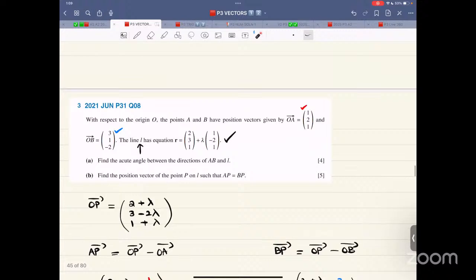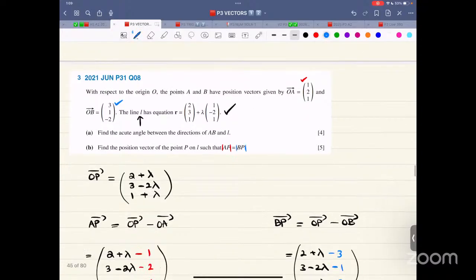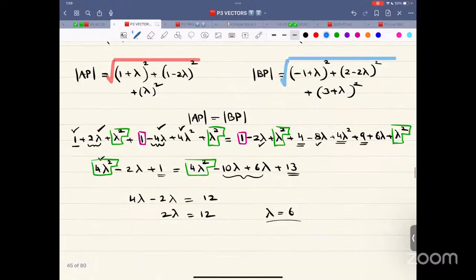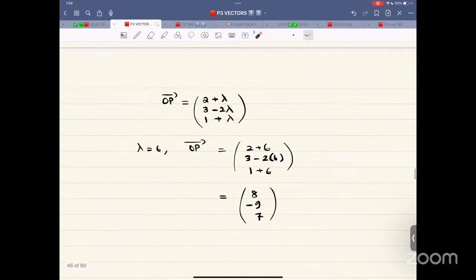They should have used a magnitude sign, but they haven't. So technically, this is the magnitude of AP, which should be the same thing as the magnitude of BP. And now the distance formula. Square both sides, lots of algebra. You find the value of lambda is 6. OP, plug this value over here, you get this thing.